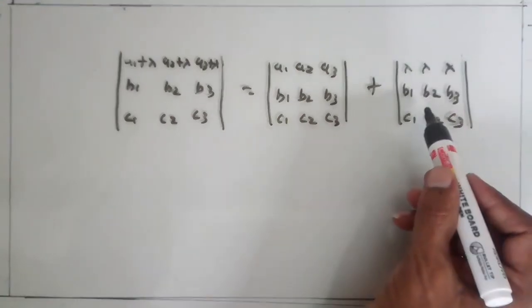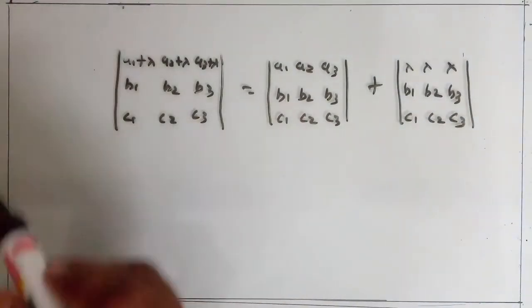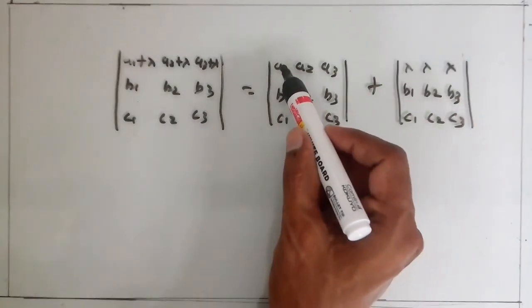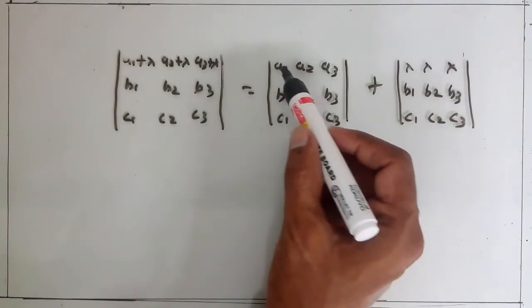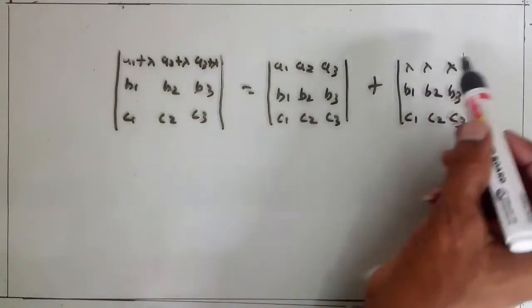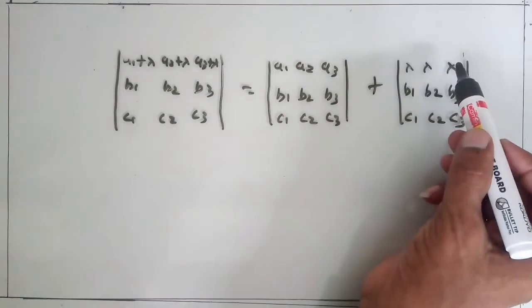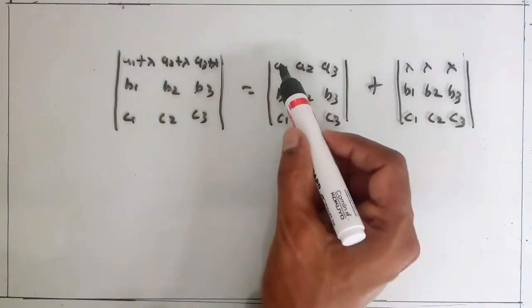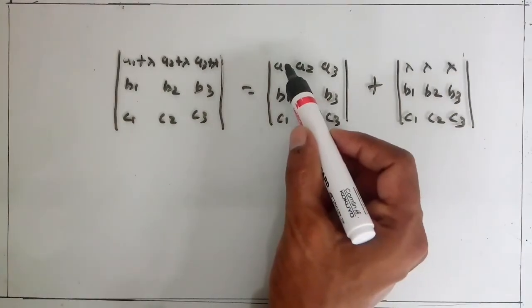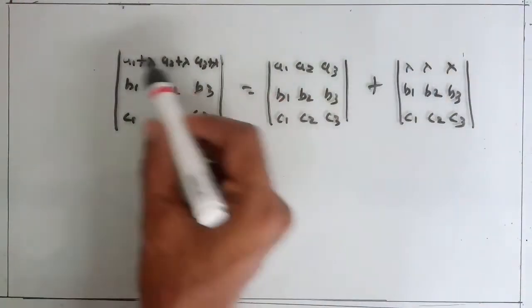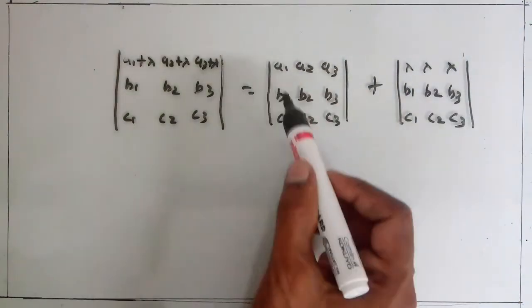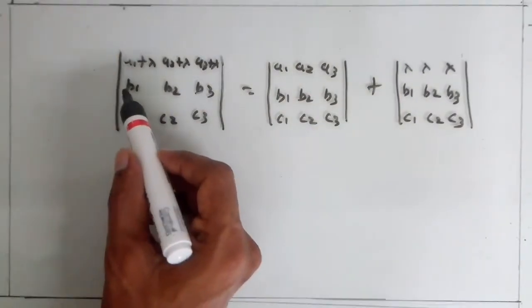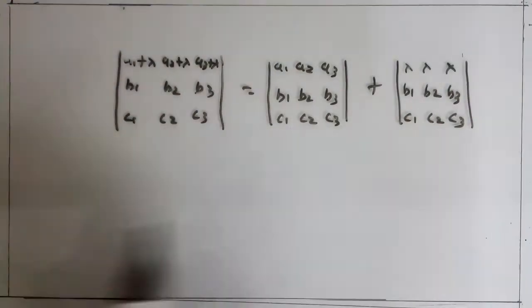Then we easily change into addition form, taking the addition of different entries of the different row. Like in this, the first row entries are different, not the same, so we add corresponding entries a1 plus lambda, a2 plus lambda, a3 plus lambda, and write the remaining two rows the same. Clear this?